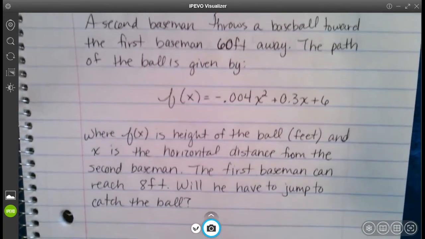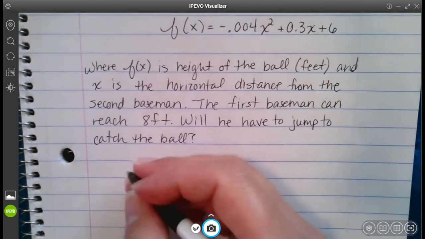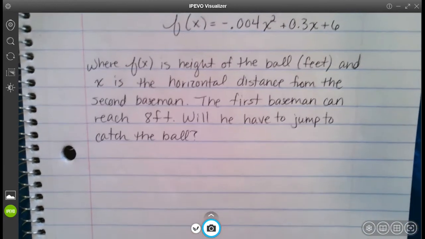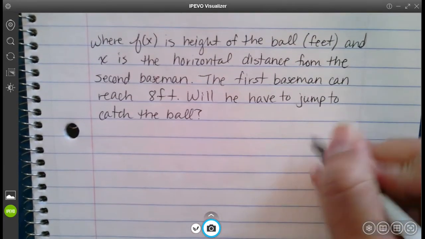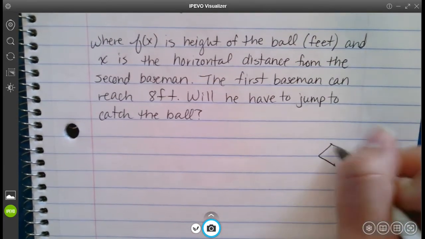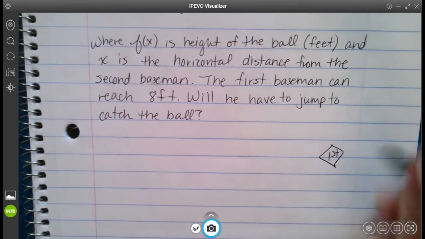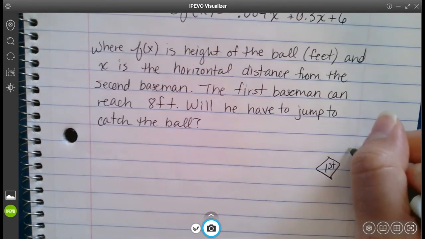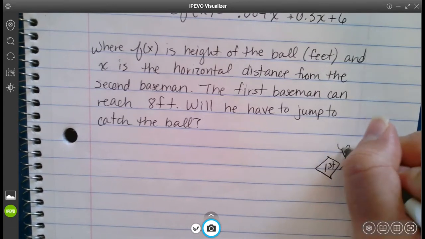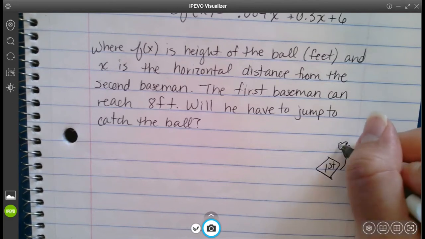Let me go ahead and draw a little bit of a picture here. I'm not too much of a baseball person, but let's say we have our first baseman here. This is our first baseman, and our guy here has his little catcher's mitt. Looks like a heart, but this is the mitt, okay?